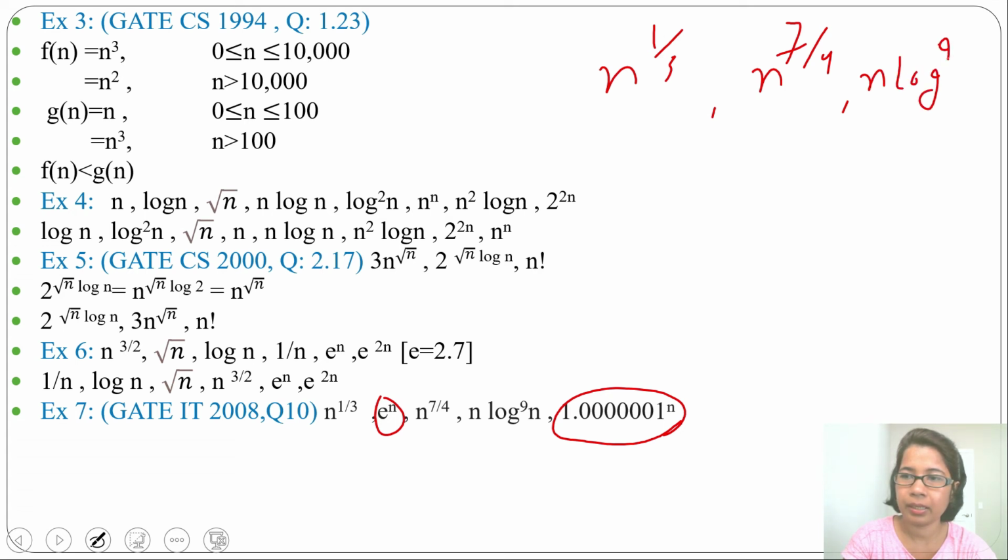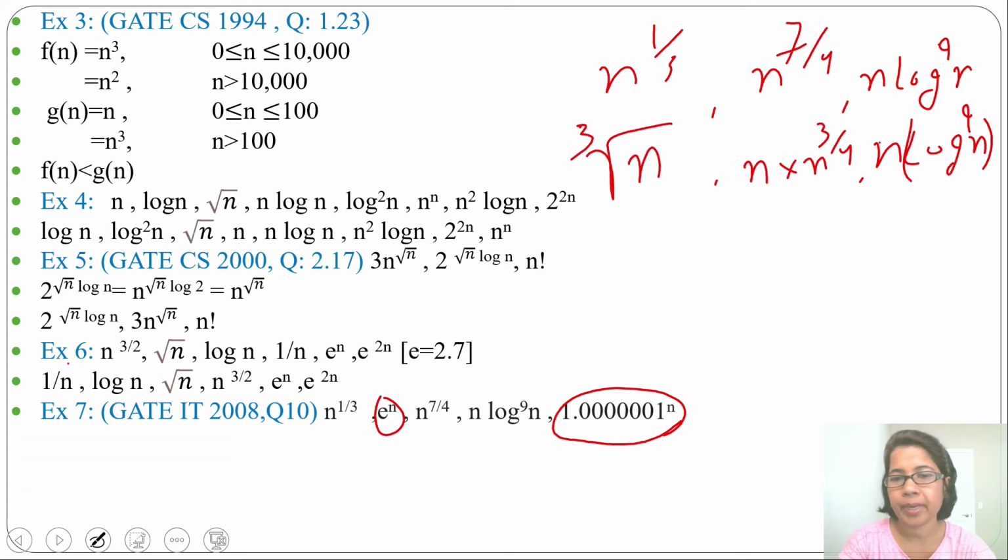Next we need to compare these three: n power 1 by 3, n power 7 by 4 and n log power 9 n. N power 1 by 3 you can rewrite as n cube root. Now just compare n cube root, n multiplied by n power 3 by 4, and n log n power 9. So n cube root has the lowest order of growth. Just write here 1.